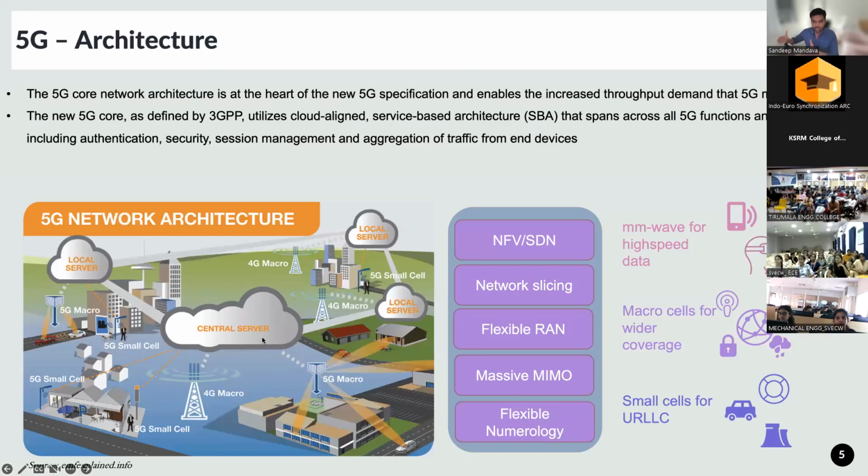This is where you are removing that big box sitting next to the antenna. These are some of the concepts being implemented, and this would enable millimeter wave, higher coverage, and something like URLLC, which I'll explain in later slides.